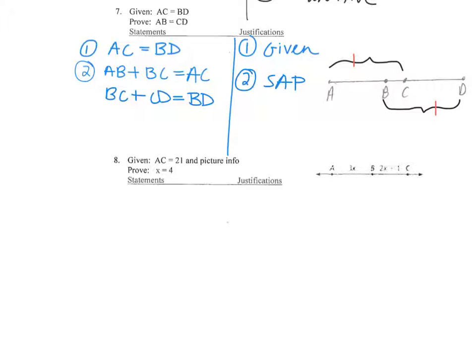This one is different. You are told that AC equals BD. That's important. You just wrote two equations that are equal to those things. So that means that you can now take those equations and set them equal to each other because AC and BD are equal to each other.